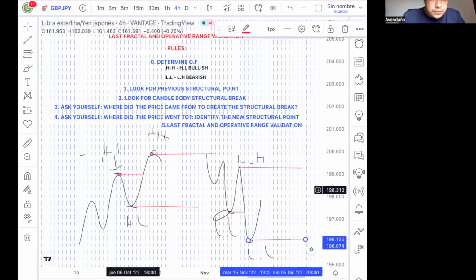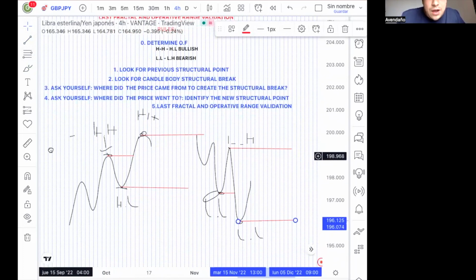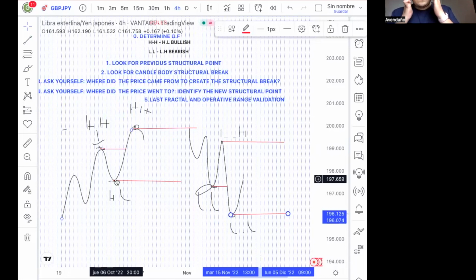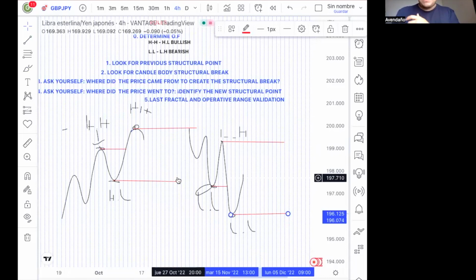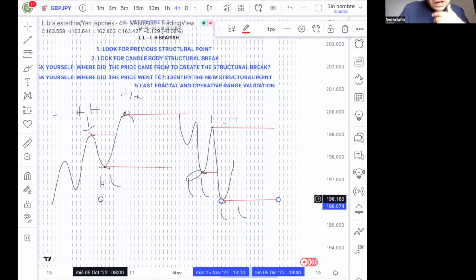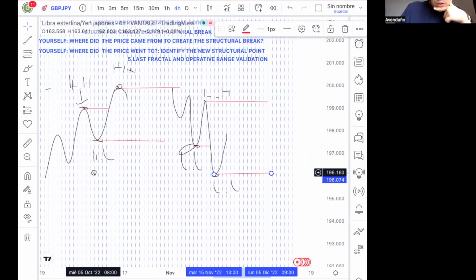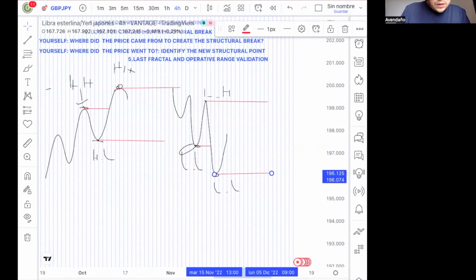Perfect. With this, we now have a new perspective of the fractality in the charts, and we may be able to identify the high probability zones. So I will be making some notes right here.